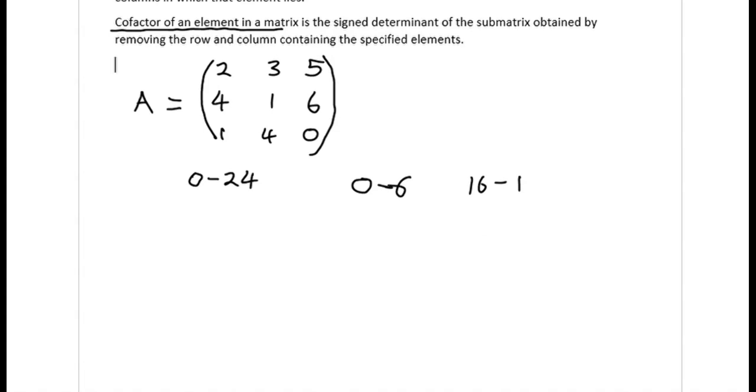Now I'm going to work on 4. Delete this column, delete this row. So I have 3 times 0 is 0, minus 5 times 4 is 20.